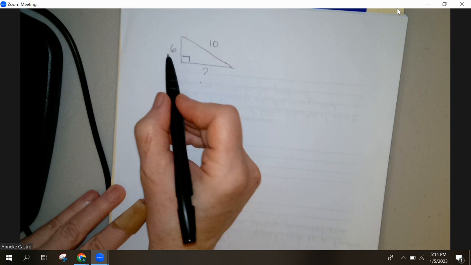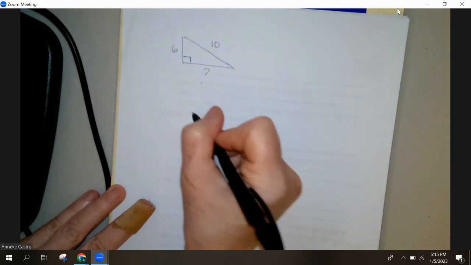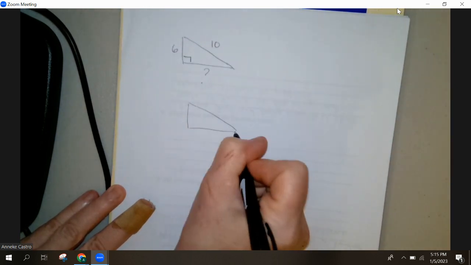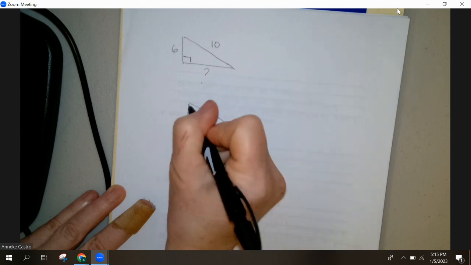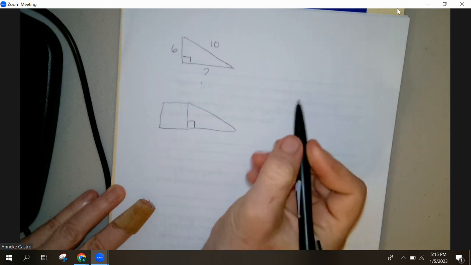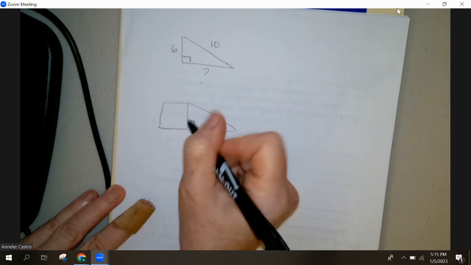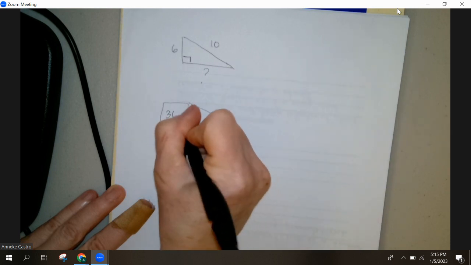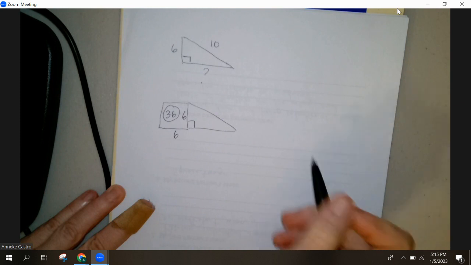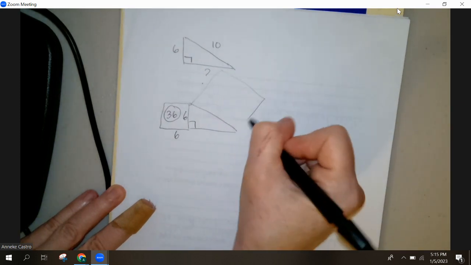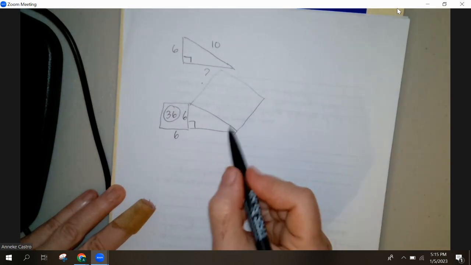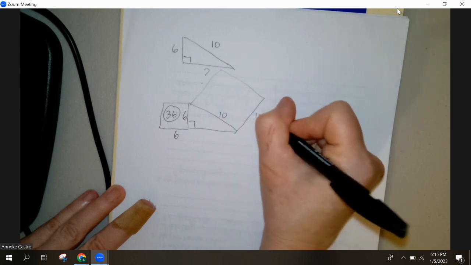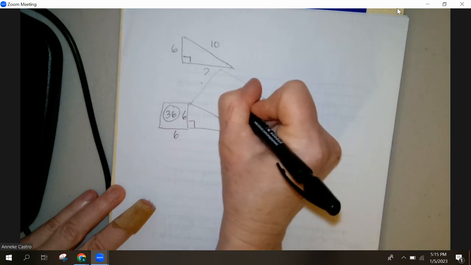Well, I know that this side squared, and for this one, I'm going to draw out the squares just to make it so you can see what I'm doing. So I know this area is going to be 6 times 6. So this is going to have an area of 36. This area, if I draw a square here, it's going to be 10 by 10. 10 times 10 is 100.